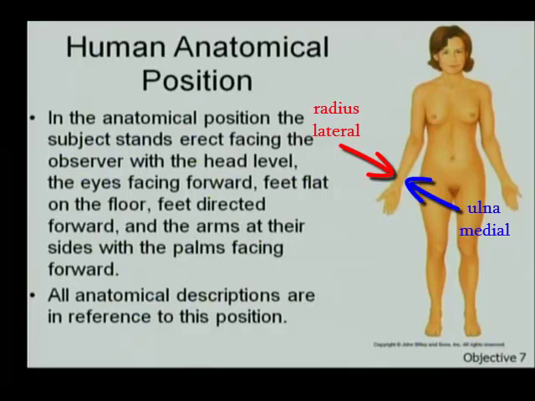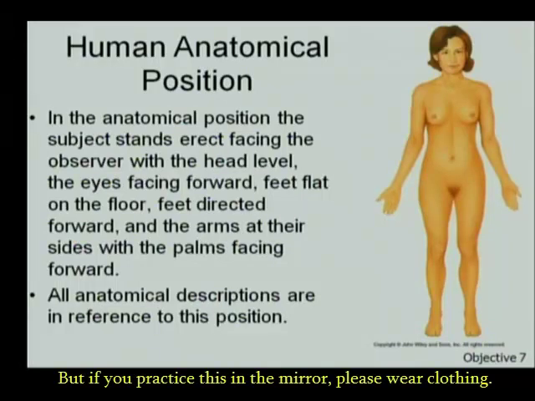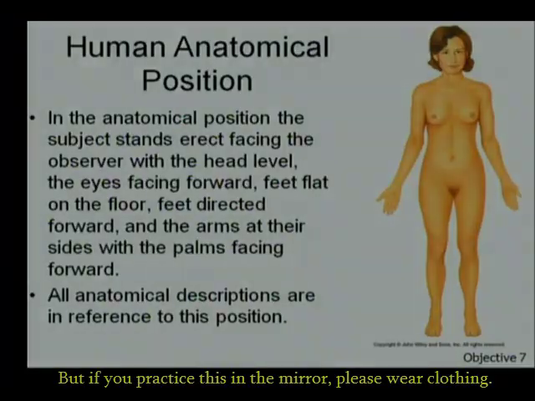Or we'd say the ulna is medial, it's towards the midline. Now that's going to flip if she turns her palms over, isn't it? And so whenever we're going to learn some directional terms today, whenever you're using those, we are referencing someone in anatomical position. And, you know, go stand in front of a mirror. You can practice this. This is anatomical position.